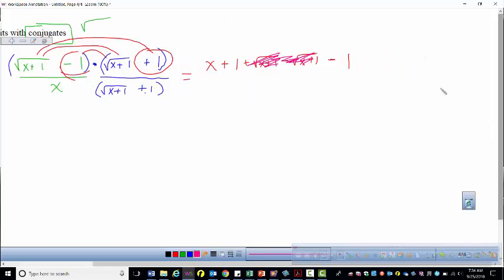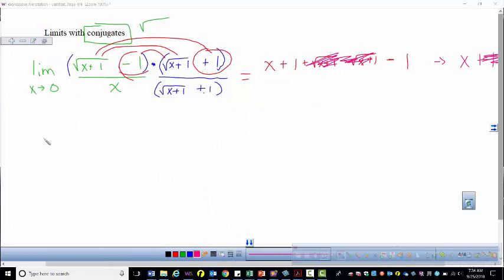So my numerator is really x plus 1 minus 1, which I can take the plus 1 and minus 1, and I can also cancel that. So my numerator is just x. After multiplying by the conjugate, my numerator is just x. So I have the limit as x approaches 0 of x in the numerator, and my denominator is x times this quantity, so x times the square root of x plus 1 plus 1.